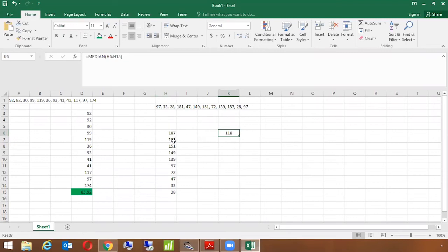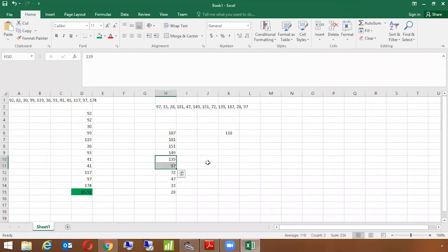This is very simple because we have calculated the median here. However, if we want to do it manually, since the median is a middle value, we count 1 2 3 4 5 6 7 8 9 10, and from the other end 10 9 8 7. So these two are the middle values, 1 2 3 4 5 and 6.